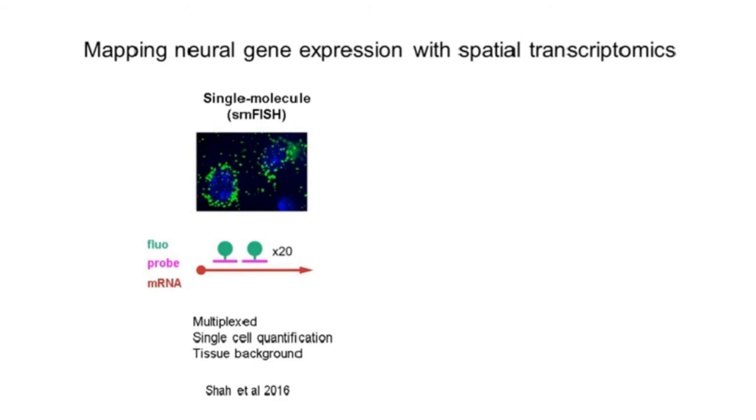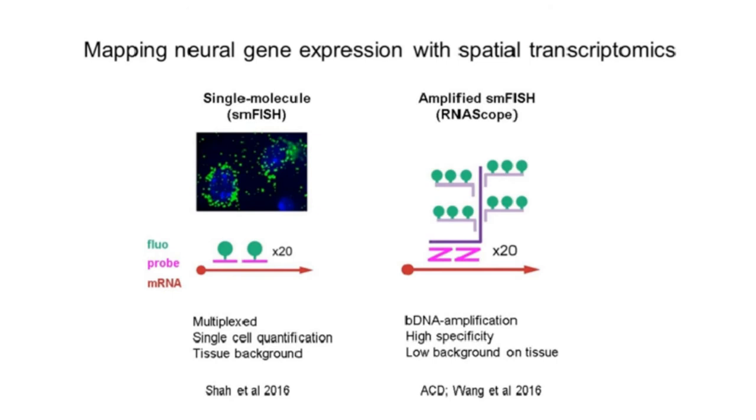The RNA molecules are visualized as distinct puncta. These spots are thought to be single molecules. This approach allows us to quantify single-cell gene expression from images using segmentation and spot detection methods, but it suffers from high background fluorescence on tissues.